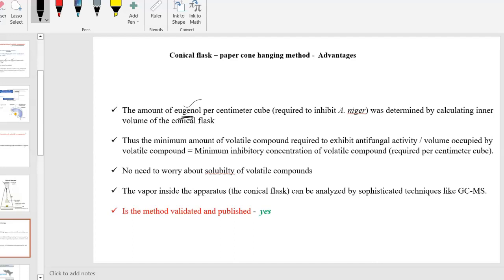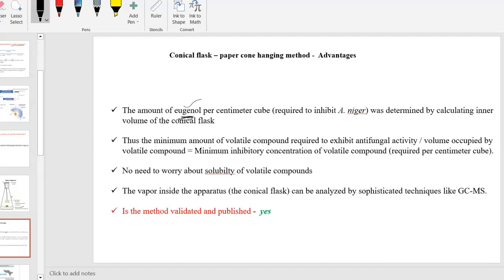The minimum amount of volatile compound required to exhibit antifungal activity divided by volume occupied by the volatile compound is equal to the minimum inhibitory concentration of the volatile compound required per centimeter cube. So this method helps us even to calculate how much volatile compound per centimeter cube is required for successful inhibition of the test fungal culture.